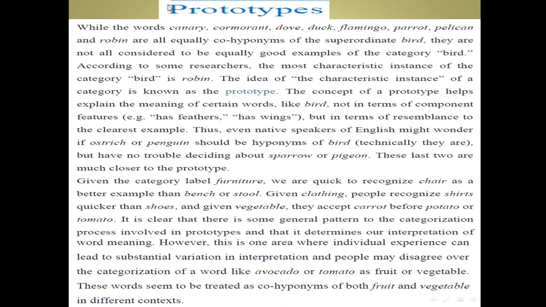What else? Now we talk about another part of this topic, or this unit here. Prototypes. While the words canary, cormorant, dove, duck, flamingo, parrot, pelican, and robin are all equally co-hyponyms of the superordinate bird, all these are hyponyms for bird.